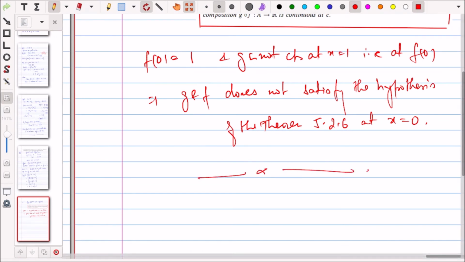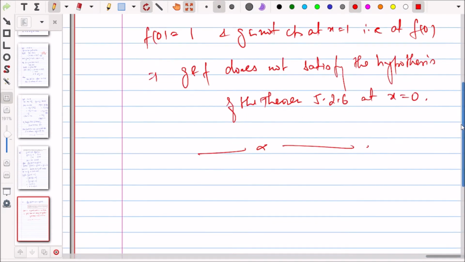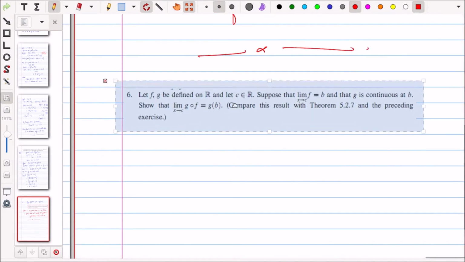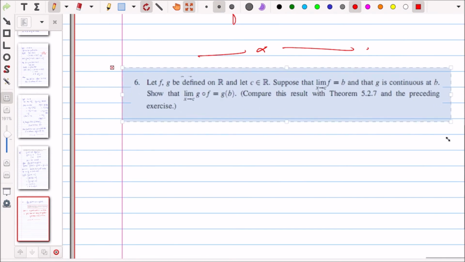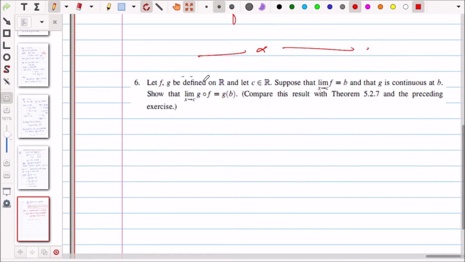Let us take the next question, which is question number 6. In this question we are given two functions f and g and a point c belonging to R. We are given that the limit as x tends to c of f is equal to b, and g is continuous at b. So the limit of the function exists.